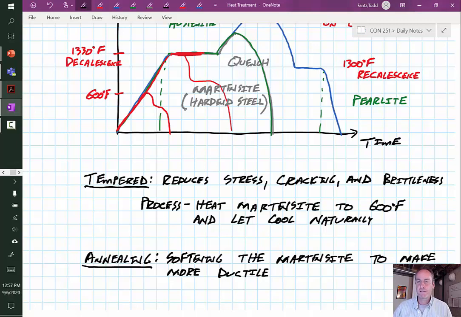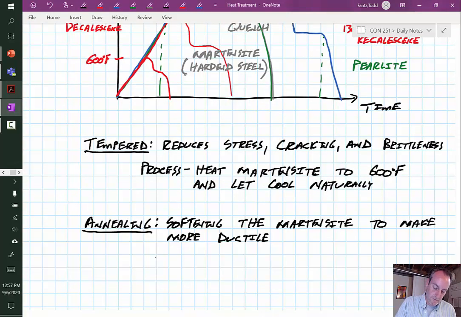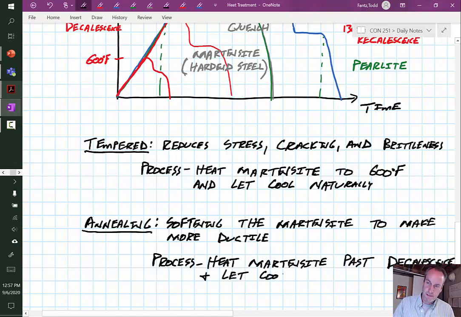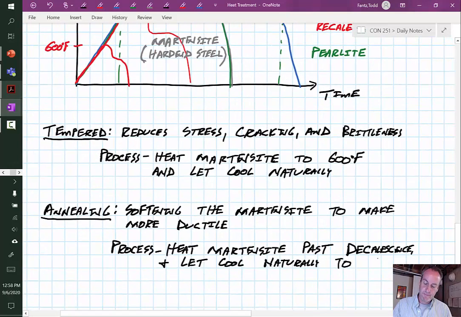All right, so let's talk about the process of annealing, even though I just drew it there. So now, like I said, we are going to heat our martensite past our decalescence point, and then we're going to let it cool naturally. And if we let it cool naturally, then basically we're bringing it back to that pearlite state.